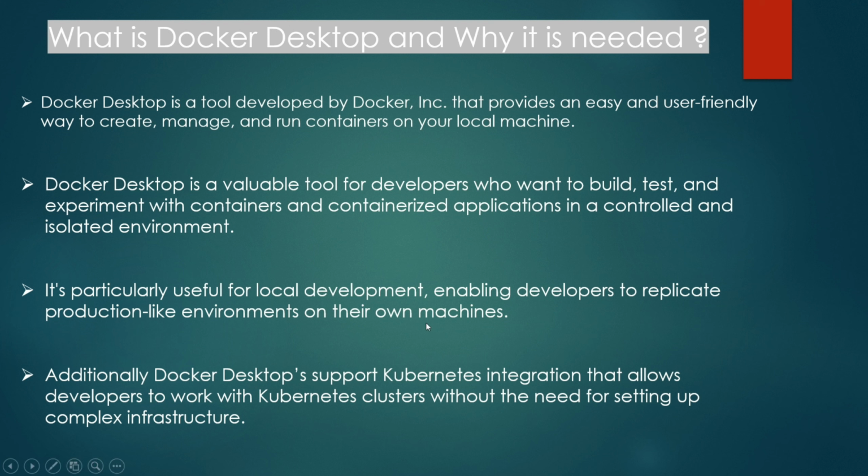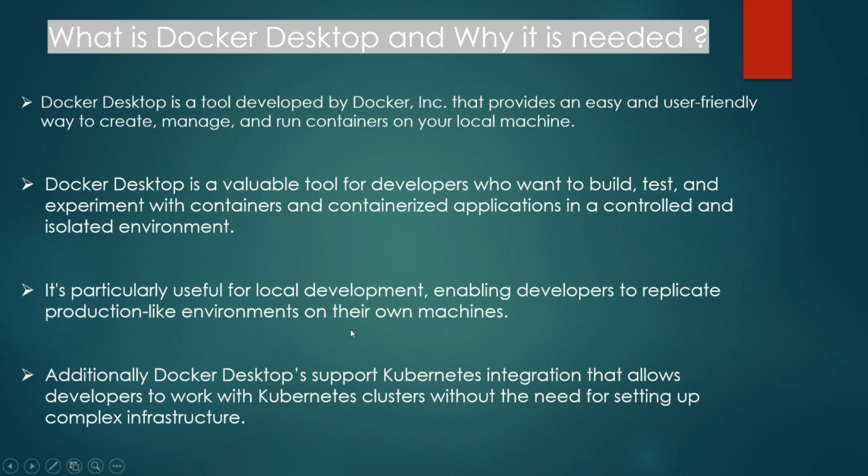Okay, so as part of this session we are going to install Kubernetes on Windows OS. Another point is it is particularly useful for local development, enabling developers to replicate a production-like environment on their own machine.